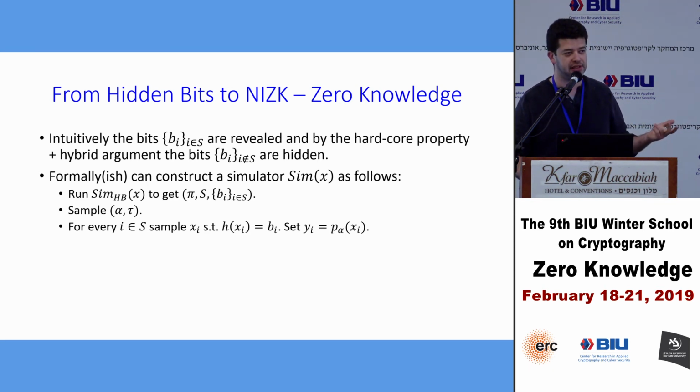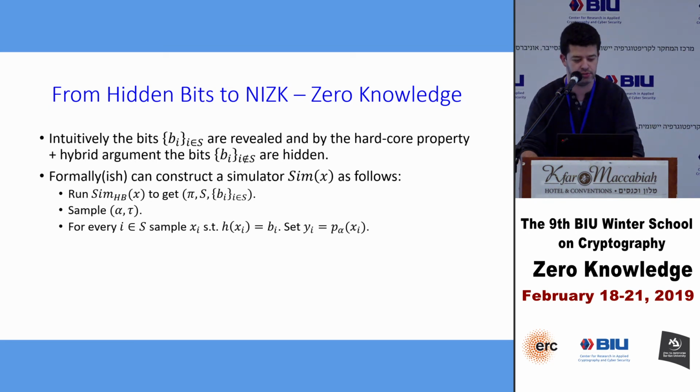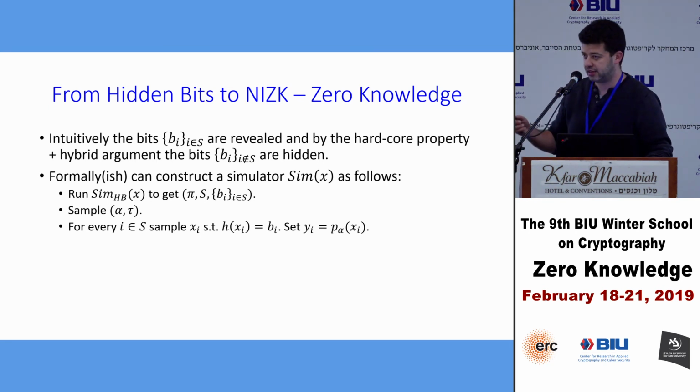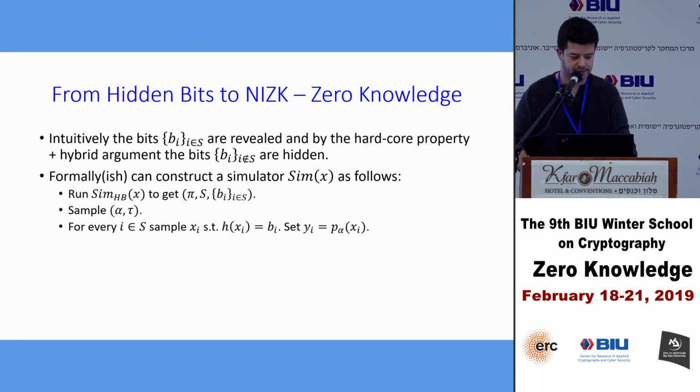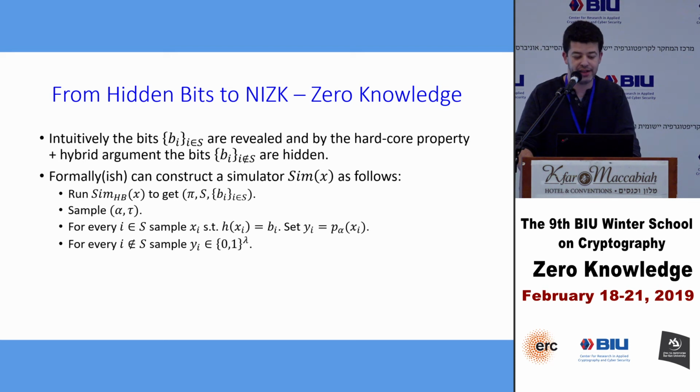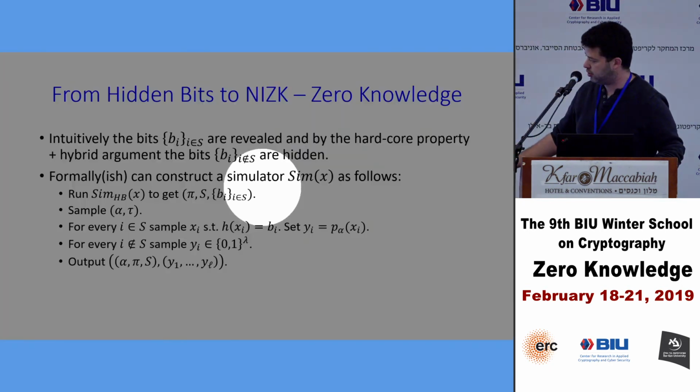It samples a bunch of x's until one of them hits the right value; if bi is 0, it samples xi's until it hits one for which h of xi is 0. For those i's inside the set S, it defines yi to be p sub alpha of xi. Now, for i's that are not in S, it can just sample yi's at random. And it outputs the view of the verifier, which includes the description.